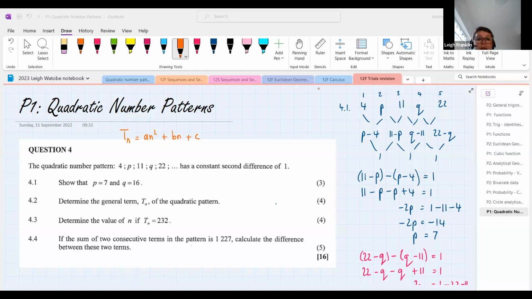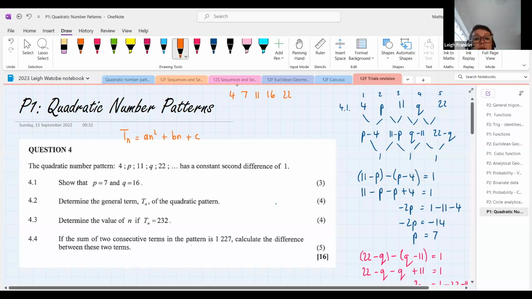Now we know that our pattern goes 4. Remember, P was equal to 7. Then we had 11. Remember, we worked out that Q was 16, and then we had 22. So our first differences would be 7 minus 4 is 3.